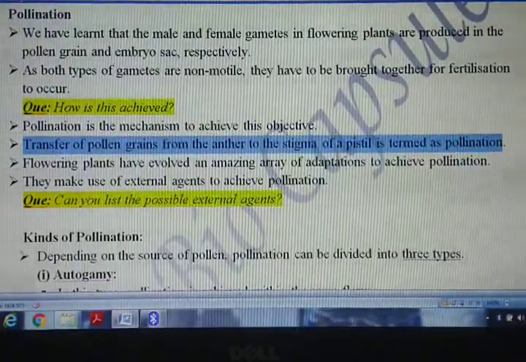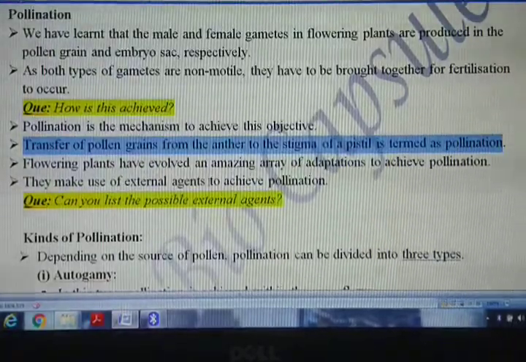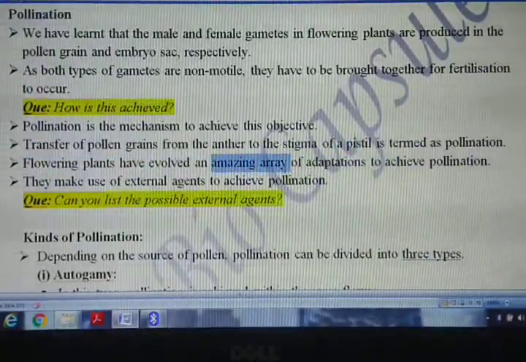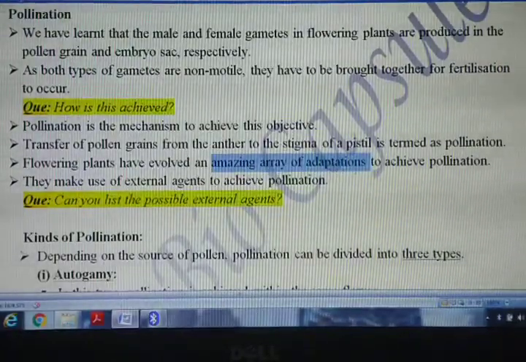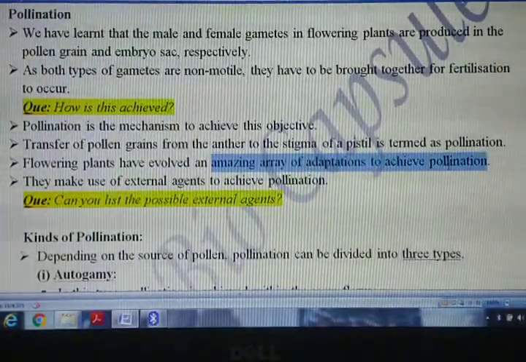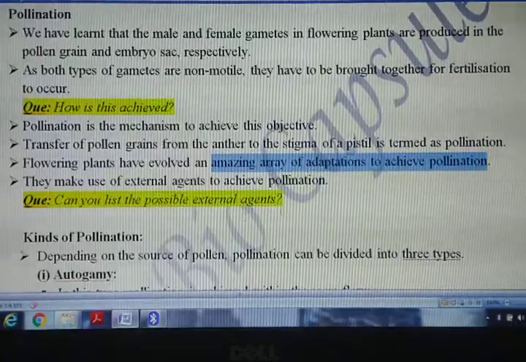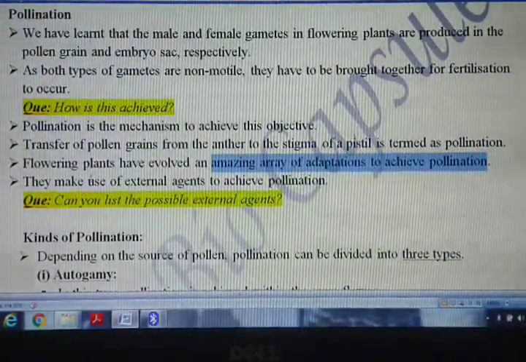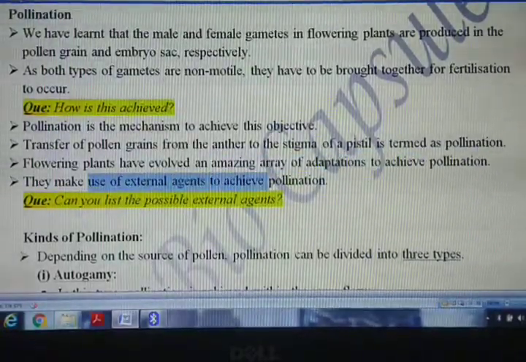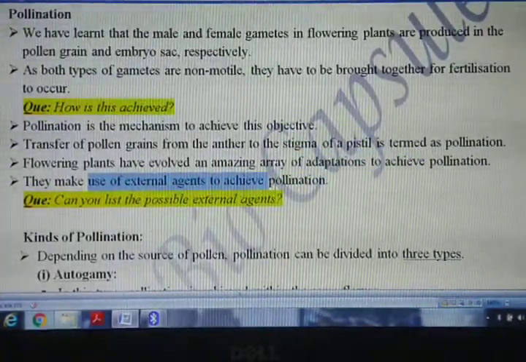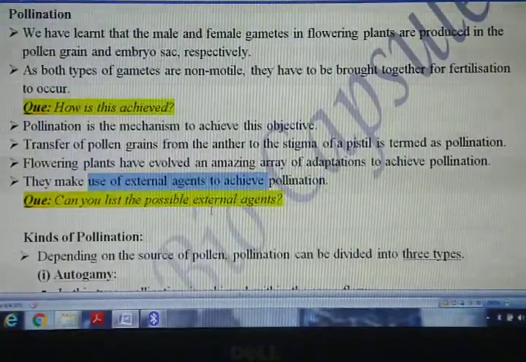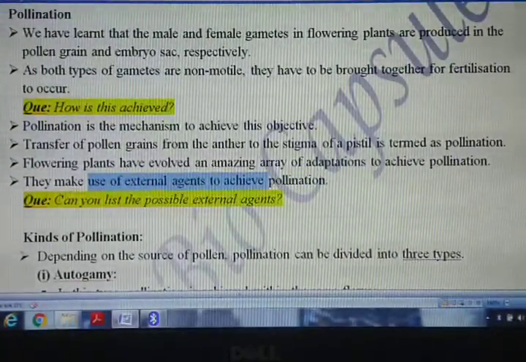In flowering plants, different methods have evolved. Different patterns have been adapted by different plant species to achieve pollination. For this, external agents are involved, some biotic, some abiotic, meaning some living and some non-living.